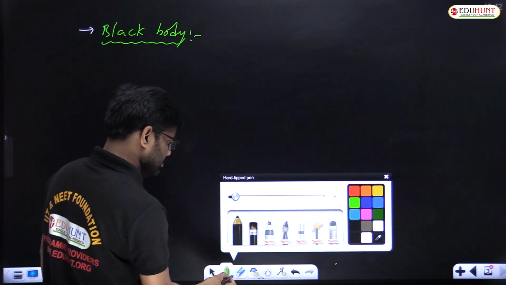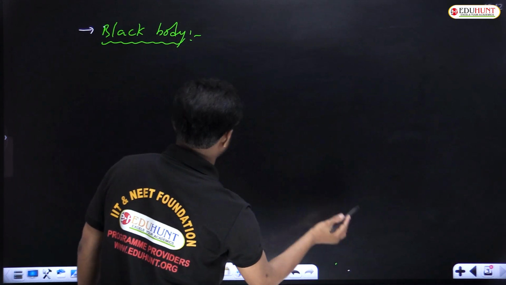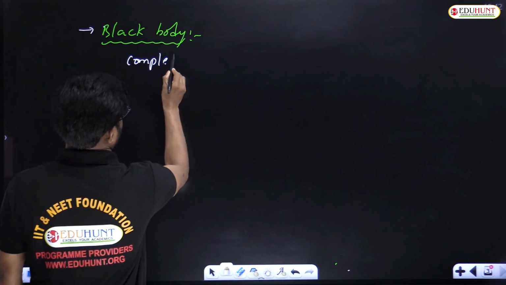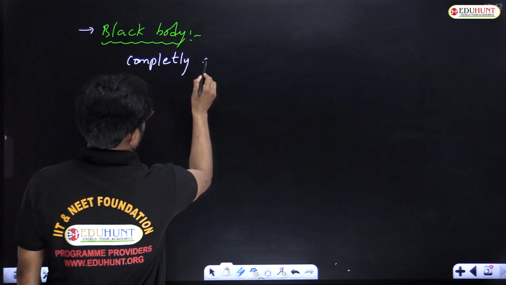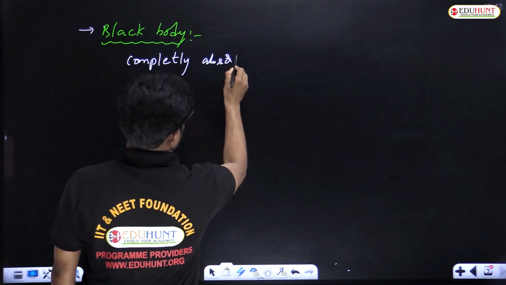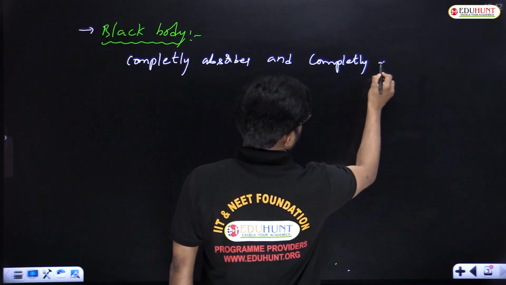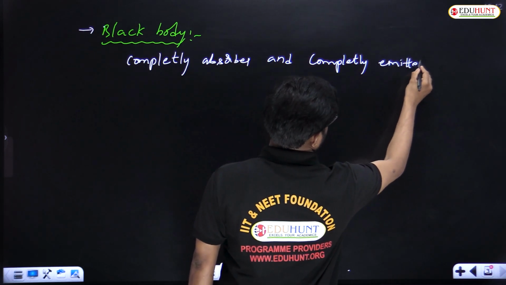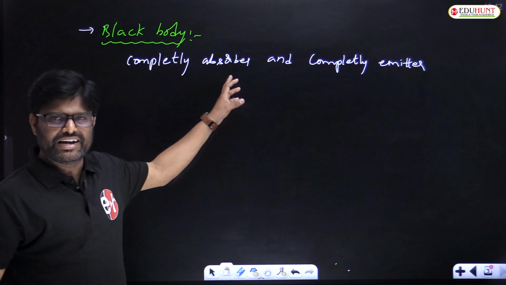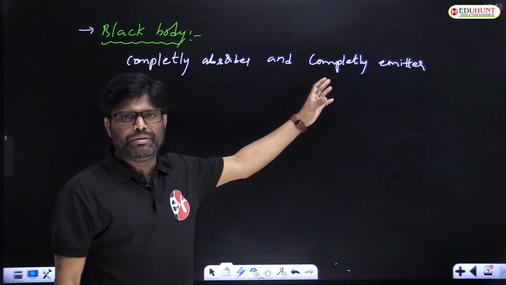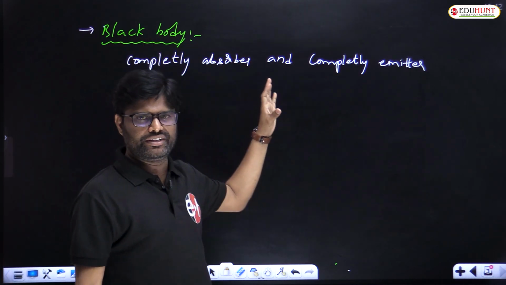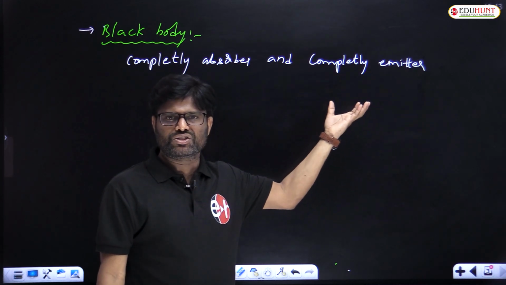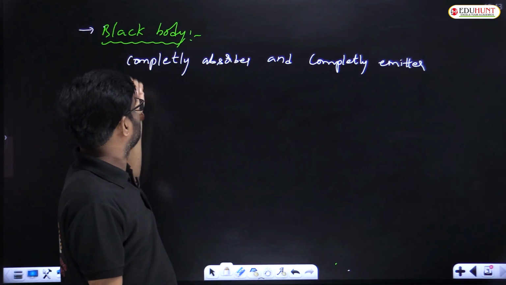Completely absorber and completely emitter. That is called a black body.